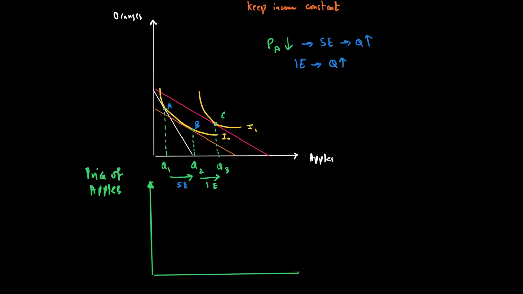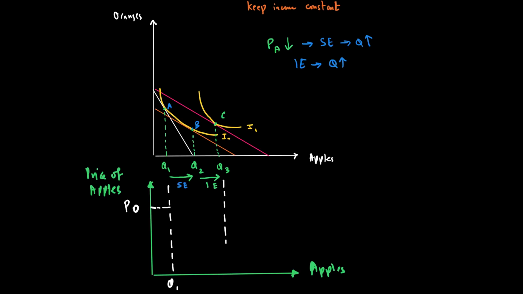And I'm drawing right below the upper diagram because I'm going to use this knowledge that I have about quantities from the upper diagram. So when the price was, for example, high, I was buying Q1 because this was the quantity I was buying. So I'm buying Q1 when the price is high, let's call it P0.